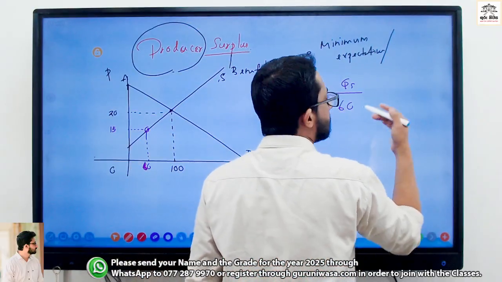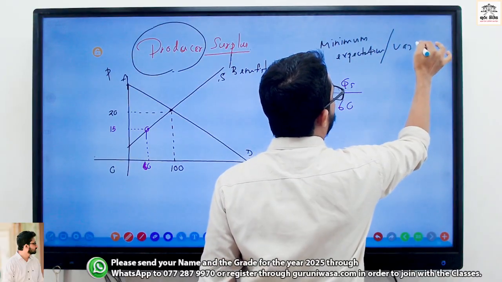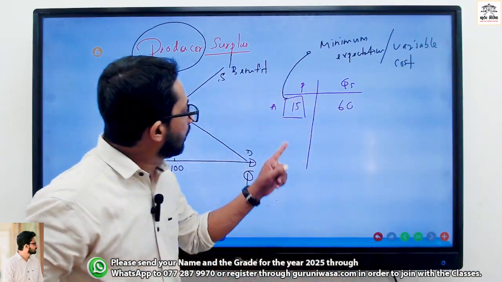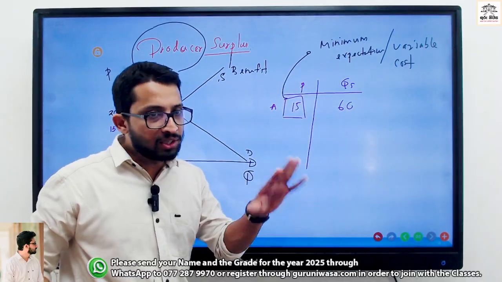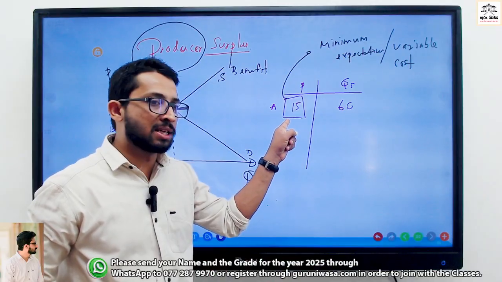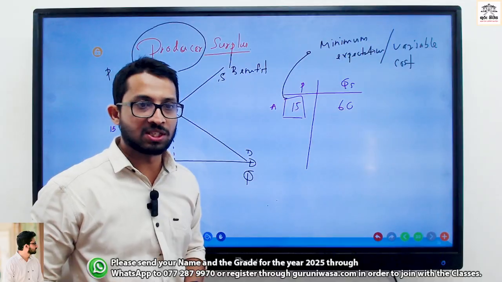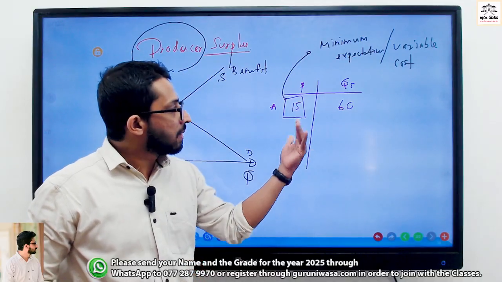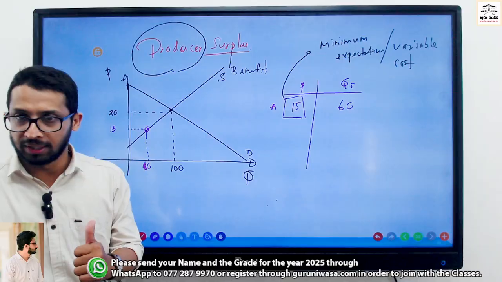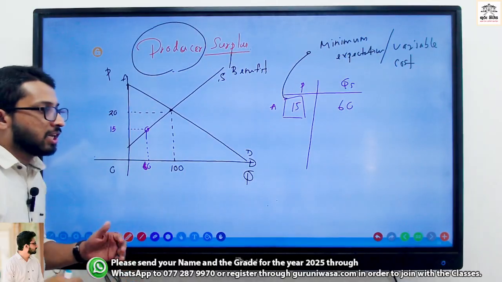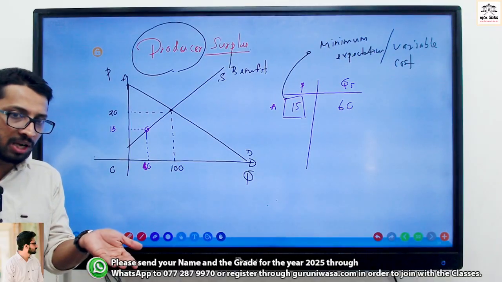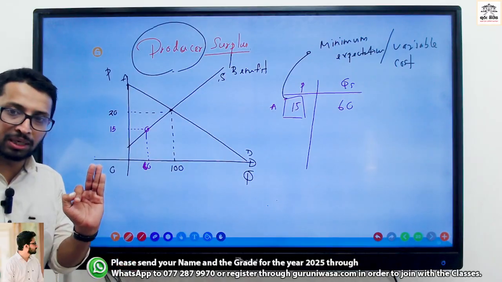The producer is willing to supply 60 units if he gets at least 15 rupees per unit. That's the minimum expectation. If he doesn't receive 15 rupees, will he supply goods to the market? No. The minimum expectation is 15 rupees.